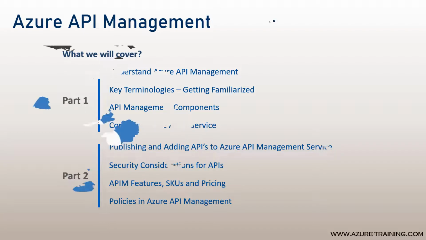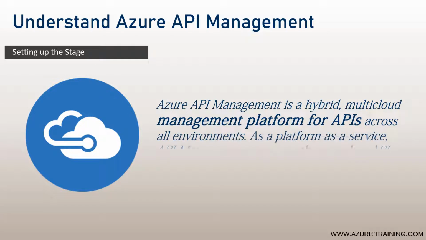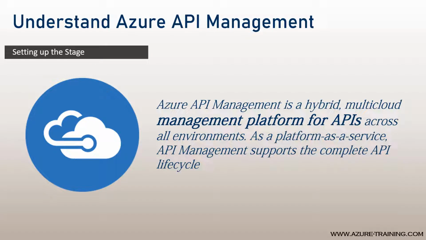Let's get started. By definition, Azure API Management is a hybrid multi-cloud management platform for APIs across all environments. As a platform as a service, API Management supports the complete API lifecycle. It's a reliable, secure, and scalable way to publish, consume, and manage APIs running on the Microsoft Azure platform.